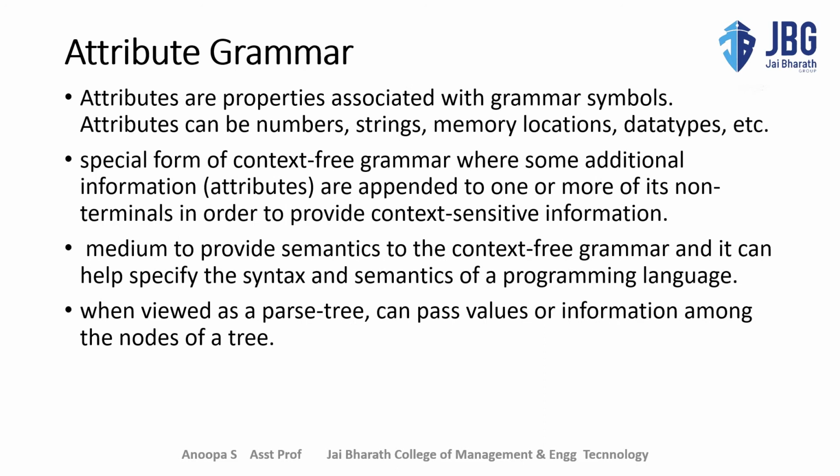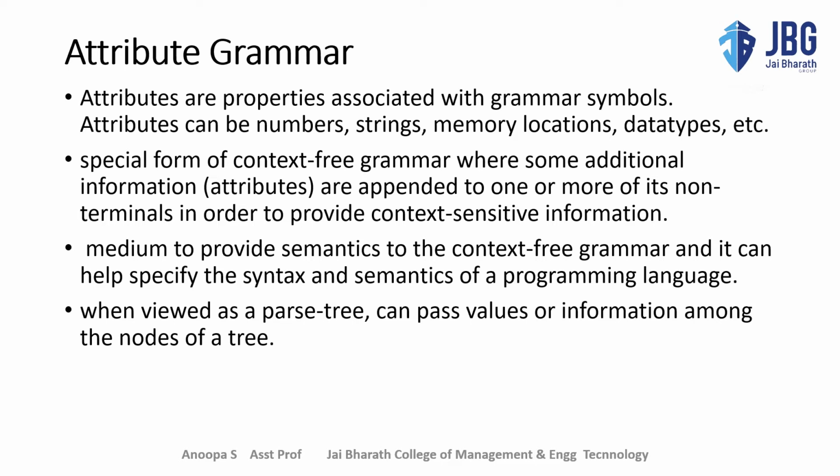I have already mentioned that attributes are properties associated with grammar symbols and can be numbers, strings, memory locations, data types, etc. Now, an attribute grammar is a special form of context-free grammar where some additional information is appended to one or more of its non-terminals in order to provide context-sensitive information.